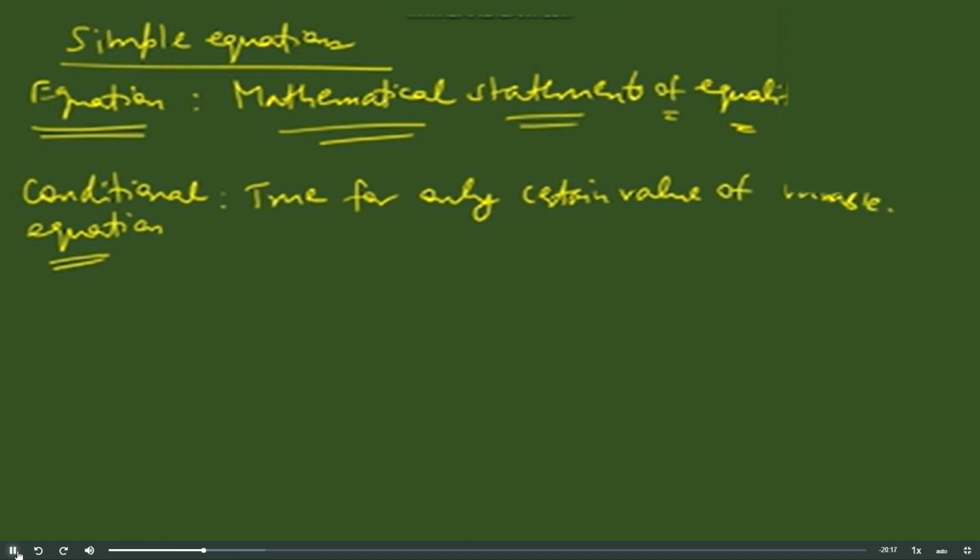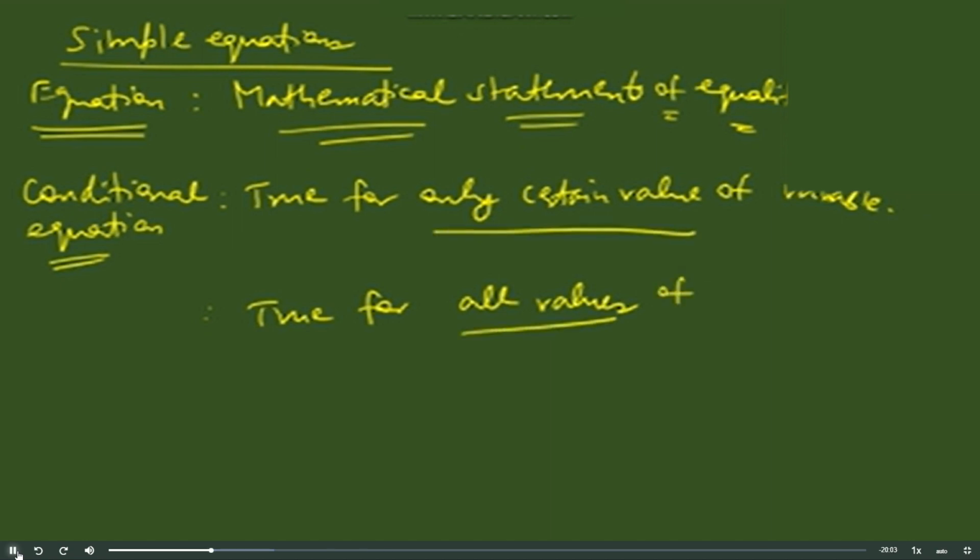It is a conditional equation. But if the equation is true for all values of the variable, then it is called an identity.